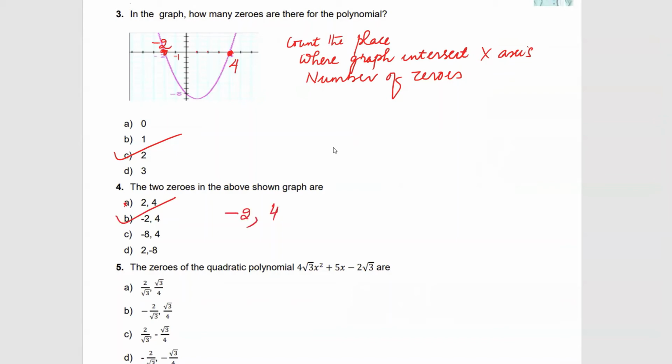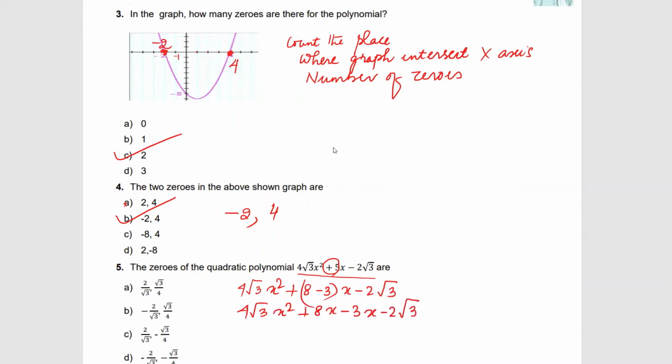The zeros of the quadratic polynomial 4 root 3 x square plus 5x minus 2 root 3 are, so you have to factorize to get the zeros. 4 root 3 x square, this 5 I'll split as 8 minus 3. So this will be 4 root 3 x square plus 8x minus 3x minus 2 root 3.